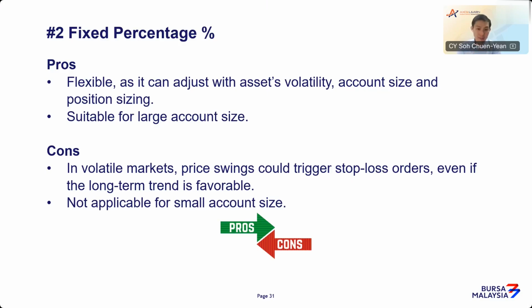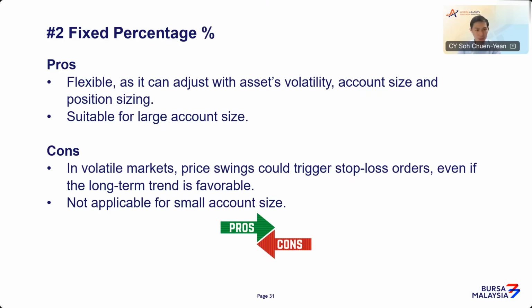It minimizes large losses, but the con is that during volatile markets, price swings can trigger your stop loss order quite easily. And a fixed percentage approach is not usually applicable for small account sizes. Just now I already highlighted this on the table, right?